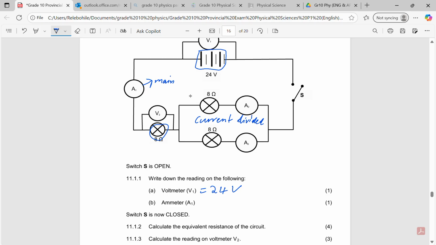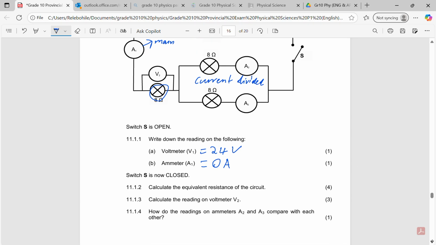While the switch is open, there is no flow of charge or current. So our answer here will be 0 amperes. That's how you will answer that question. I hope it makes sense. Now let's move on to the next question.